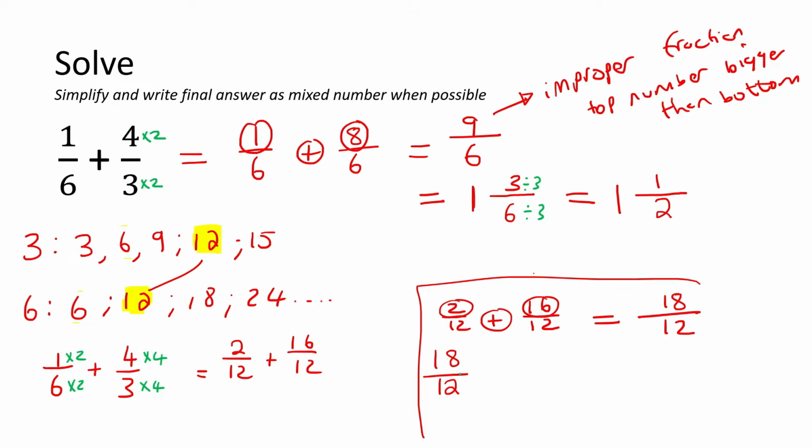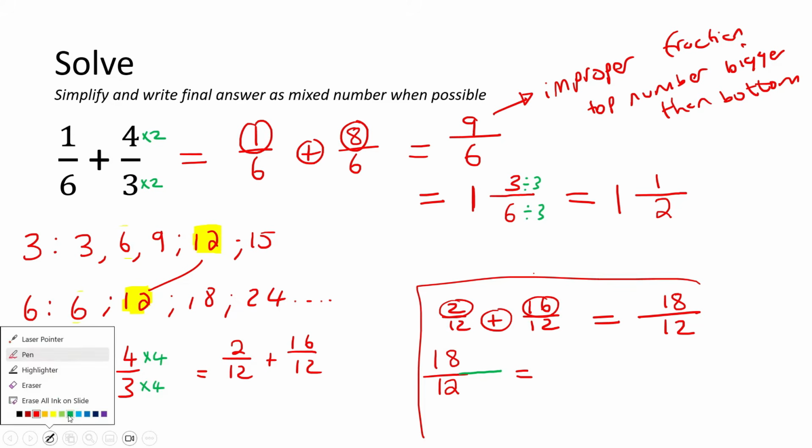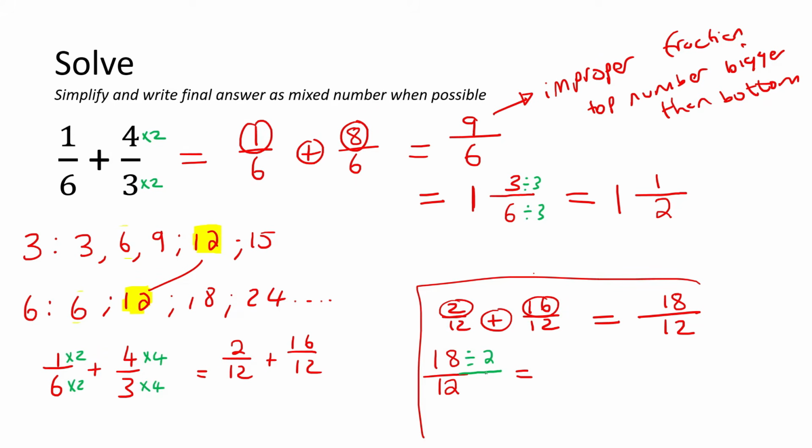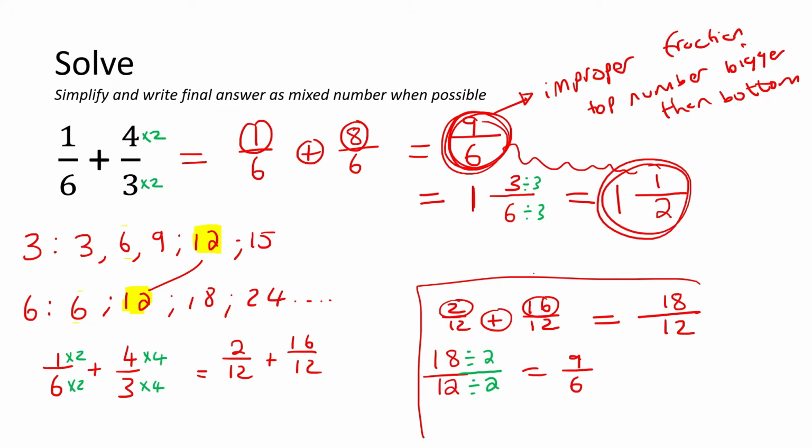I know that the number 6 can go into both of these, and so that'll give me 18 divided by 6 is 3. By the way, you could have also said 2. Let's do it that way. I think that's easier for most of you. It's a nice small number. And that would have given you 9 over 6, which is exactly what we got over here. And then you would just carry on, and eventually you will get to the same answer.